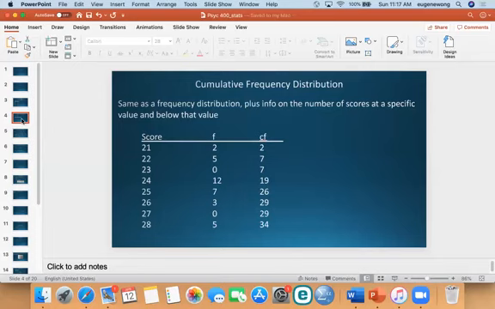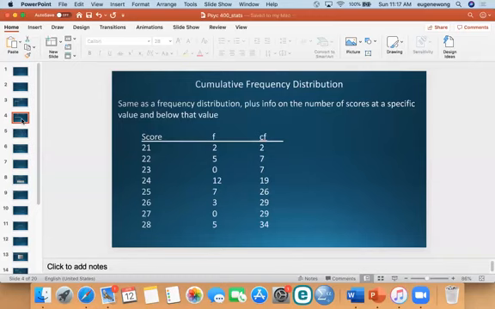If you look at the score 23, 23 didn't happen. So there is still 7 total scores at 23 or less. If you look at the score 24, there were 12 of those scores. So therefore, the cumulative frequency at a score of 24 is 19, because if you add up the 12 plus the 5 plus the 2, you get 19.